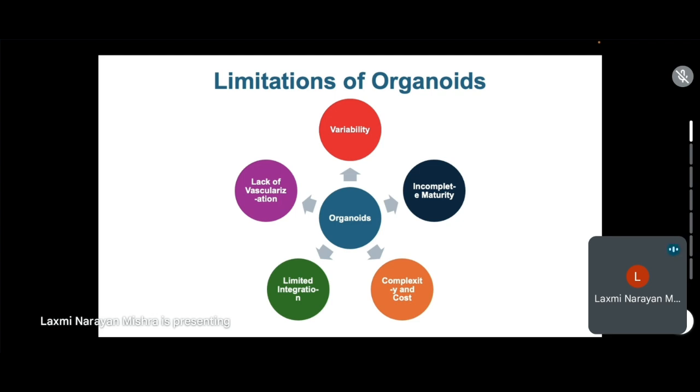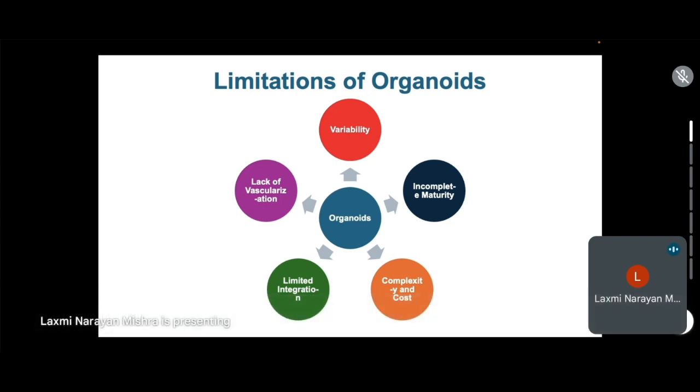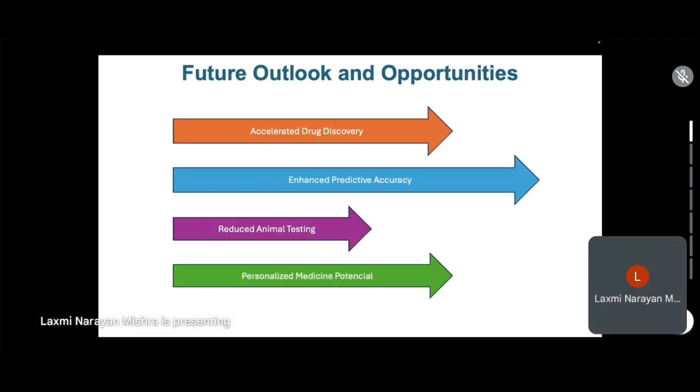So maturity is an issue. Complexity and cost: these organoids are very complex, and it's expensive to grow them. Limited integration, and also there is no vascularization, so we do not have blood flowing in them. So there is limited oxygen supply to all the cells present in the organoid system.